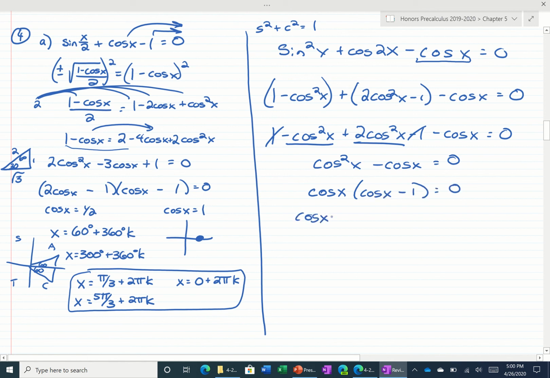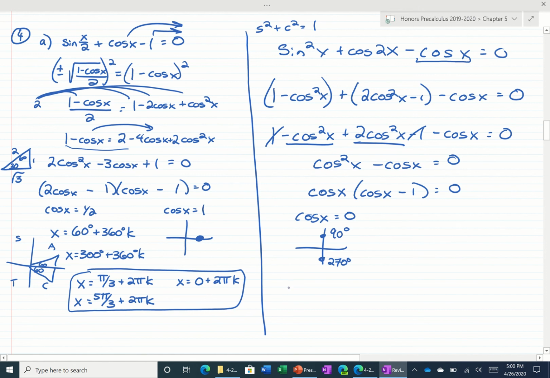So when is cosine 0? Cosine's the y value, so that happens, or I'm sorry, cosine's the x value. It happens at 90 degrees, and it happens at 270 degrees.